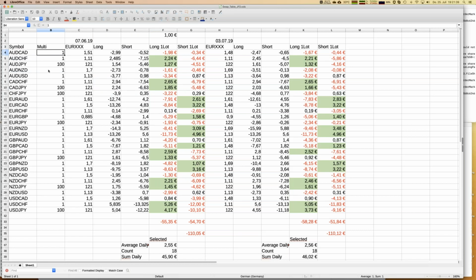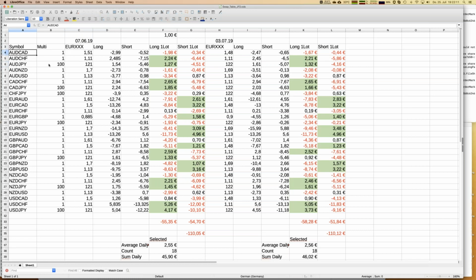So we need to know what kind of symbol we have. All the Japanese yens are special ones, therefore they have a specific multi. You know the story, like pips. Pips in euro, US dollar are not the same as pips in euro, Japanese yen. There's a factor of 100 between those two. In order to do that kind of calculation, we need the exchange rate euro to the second part.